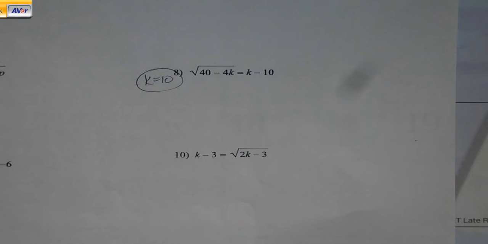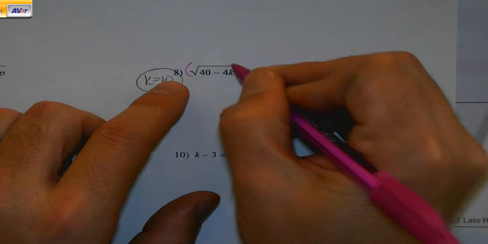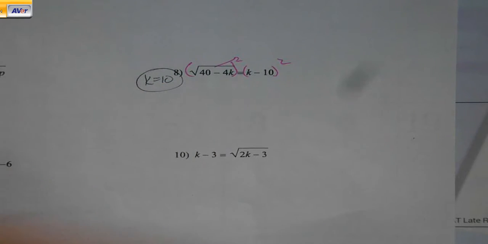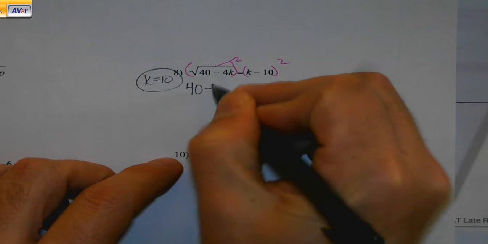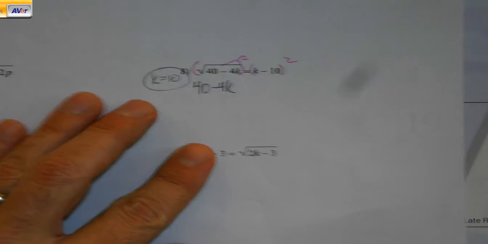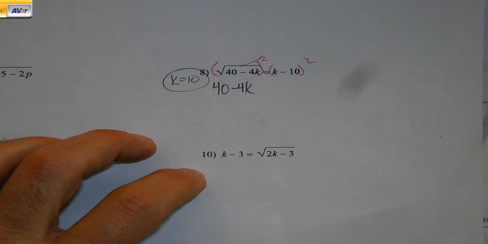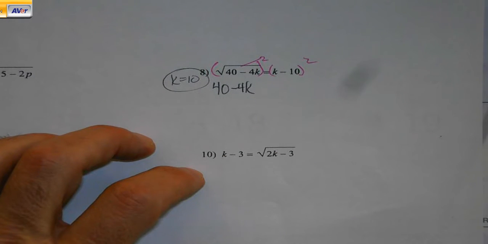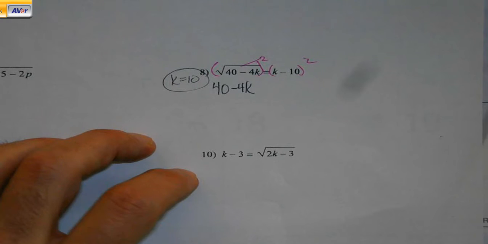So, here's the catch on number 8 when I go this way. Again, algebra always works. On the left side, pretty normal. On the right, I don't know how many times we've said this, but I'm going to say it again here. Do not just distribute the squared and call this k squared plus 100. You've got to FOIL this out.